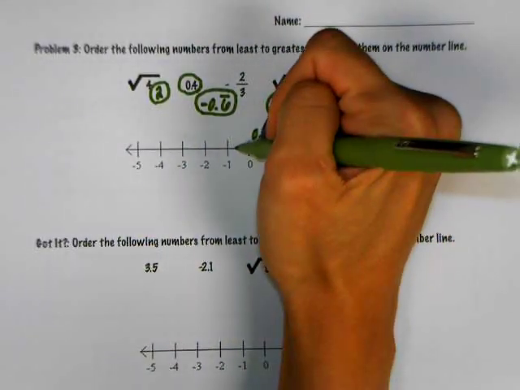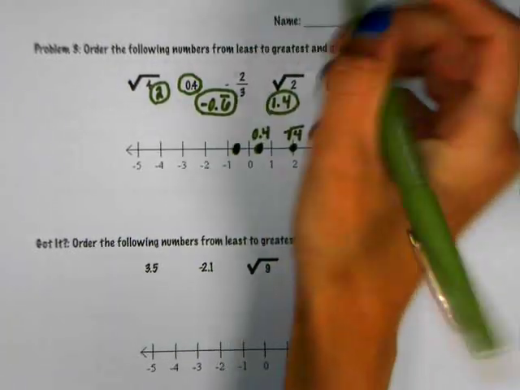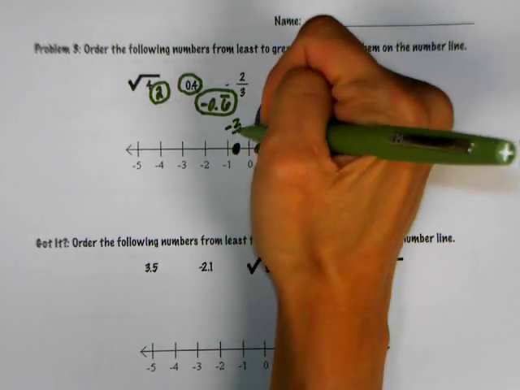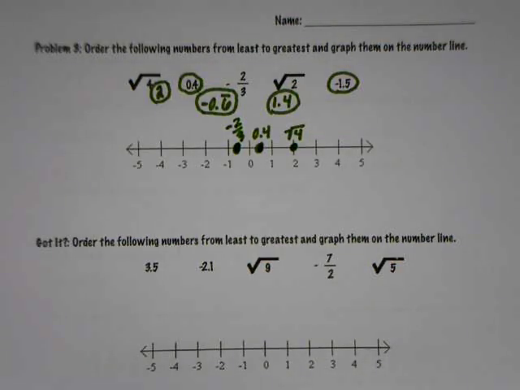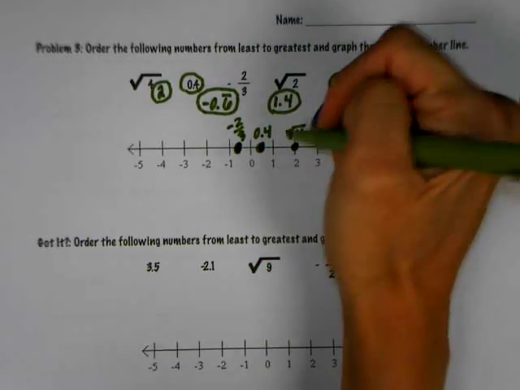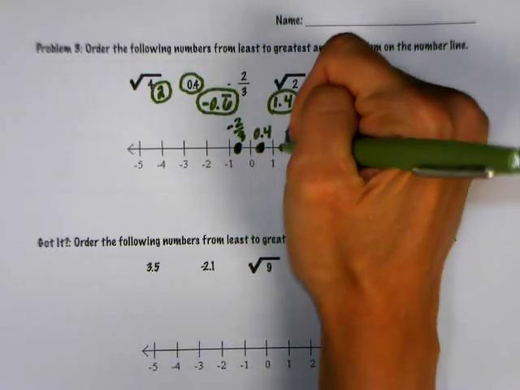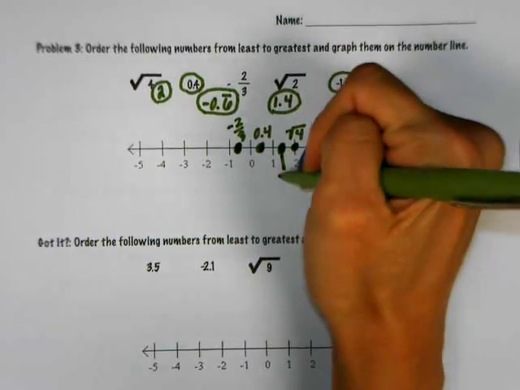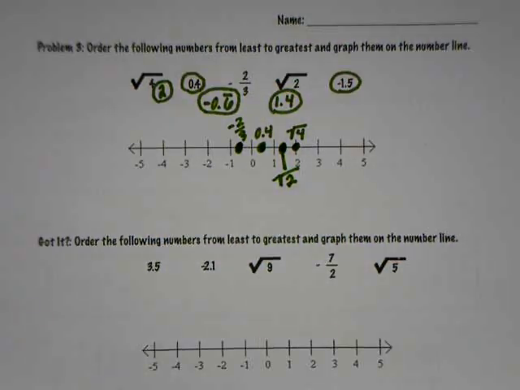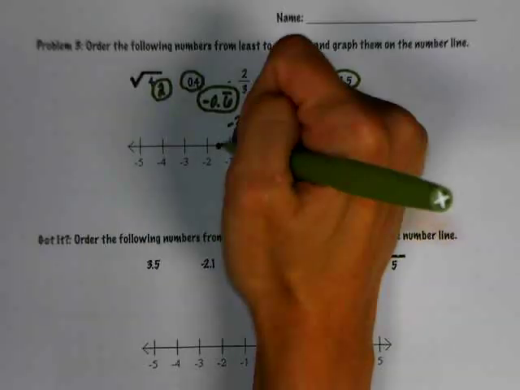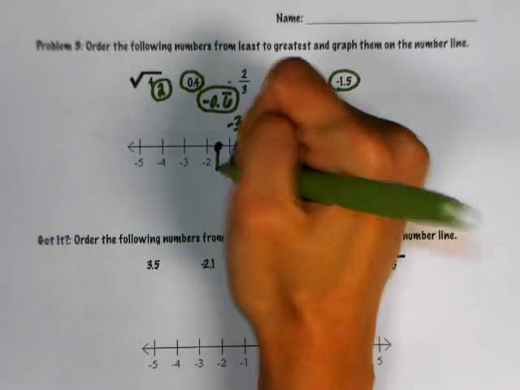So right here-ish. 1.4 is almost halfway between 1 and 2, but you want to make sure you label that as the square root of 2. And then negative 1.5 over here. So right halfway between negative 1 and negative 2.